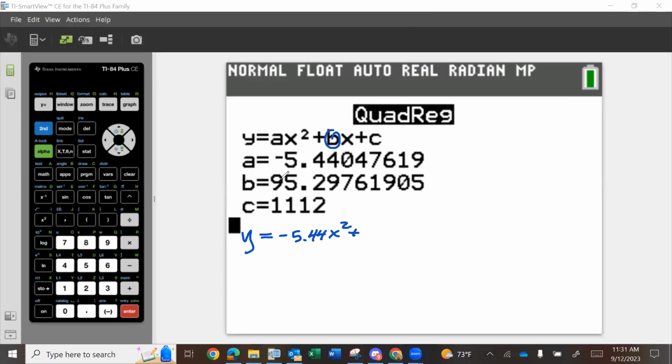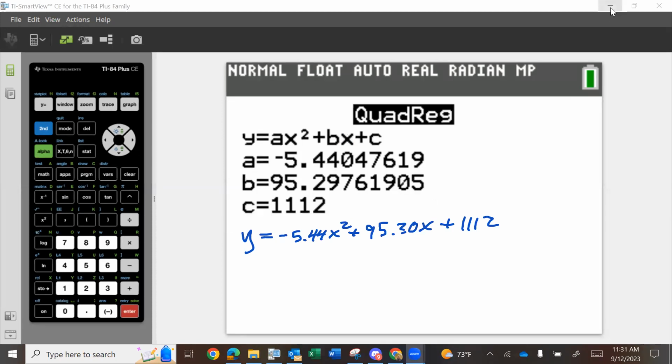Then it says do B, which is this. So again, we're going 2 decimal places. So this 7 is going to increase the 9 to a 10, which is going to make that a 3. And so we're going to get plus 95.30. Then we'll do our X. Then we'll do our plus sign. Then we'll do our C, which is 1,112. And that will be the equation.